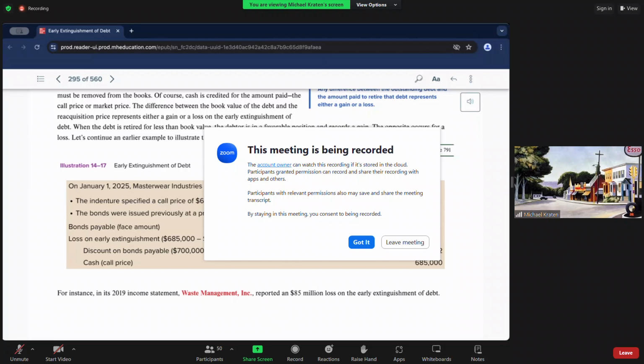Now, in terms of what the journal entry looks like, it's actually pretty simple. If you're the borrower, you have to pay the cash, credit cash. You are paying off the loan, and the loan is on your books at whatever the present value is.